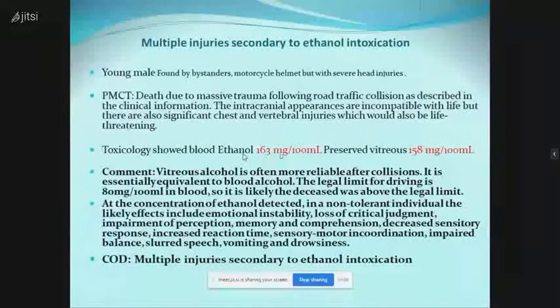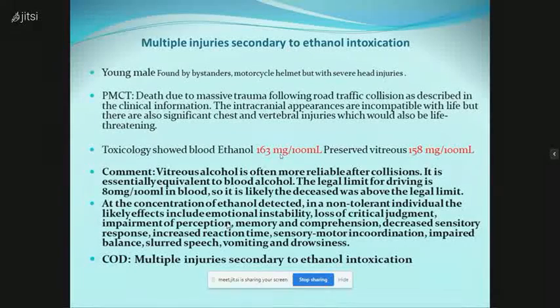The vitreous level is 158 nanogram per 100 ml. This is very high, and this is an indication that the person who was on the bicycle had taken alcohol, and this, of course, led to a problem.